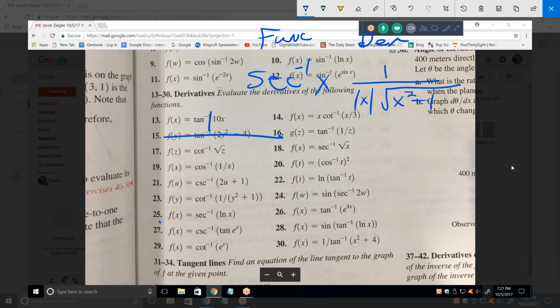Doing 25. So it would be 1 over the absolute value of the natural log of x. And here we do need the absolute value sign because natural log of x can be negative. Keep going.